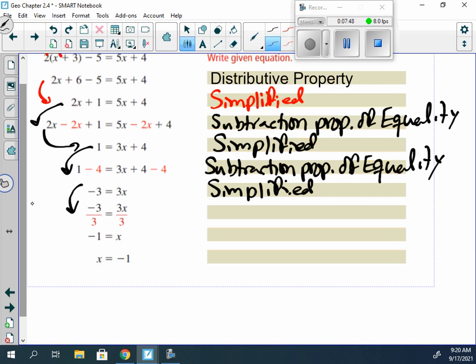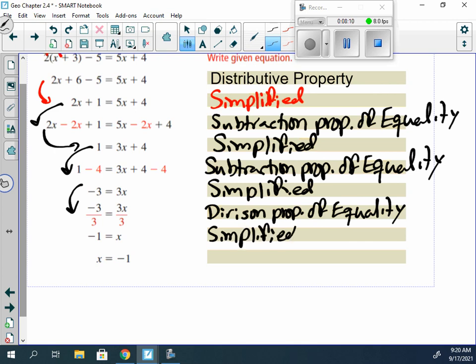Well, the reason that we can do that is our division property of equality. And then they simplified, they actually did the division.